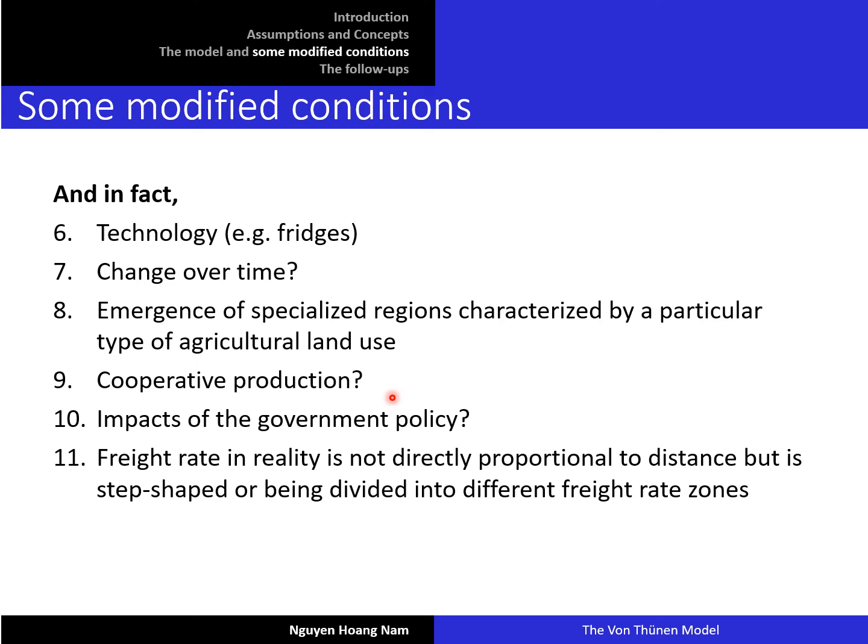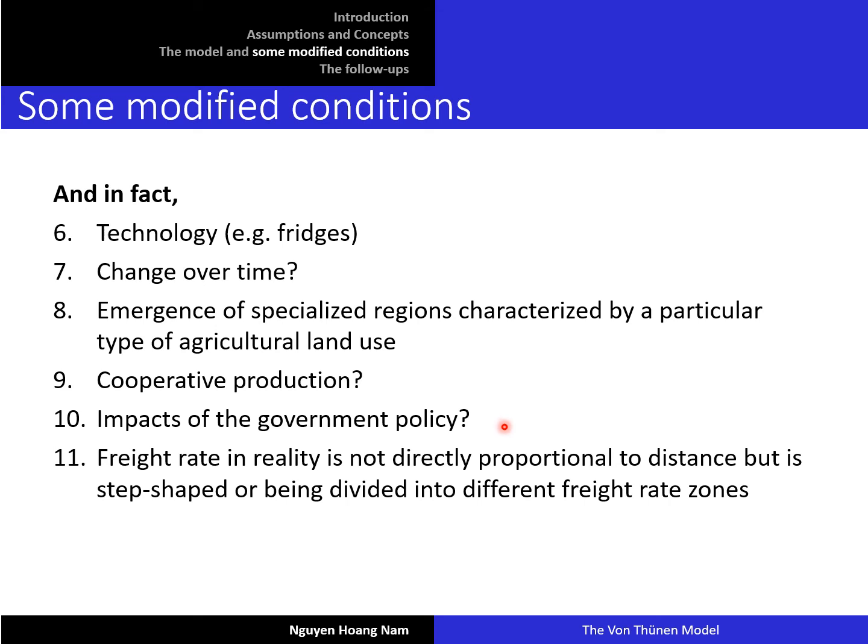So they might be supporting the others in the production. Impact of the government policy, this is similar to point 8 that I have just mentioned. 11. Freight rate in reality is not directly proportional to distance, but it's step-shaped or divided into different freight rate zones. This is obvious.